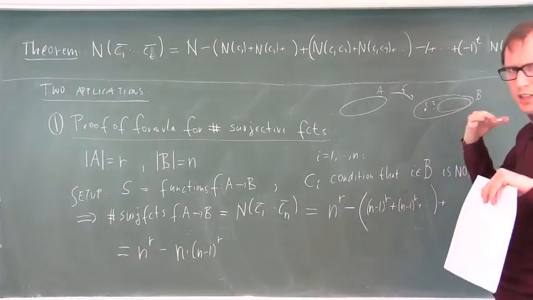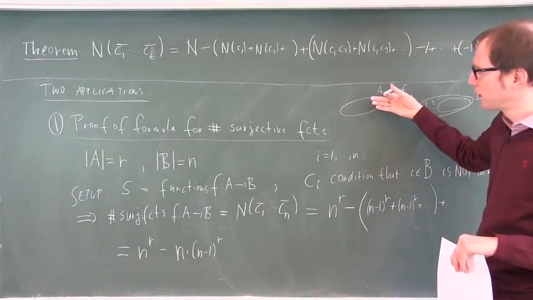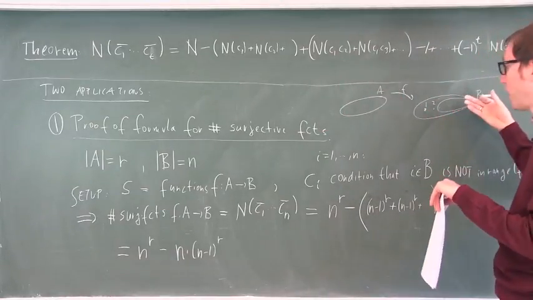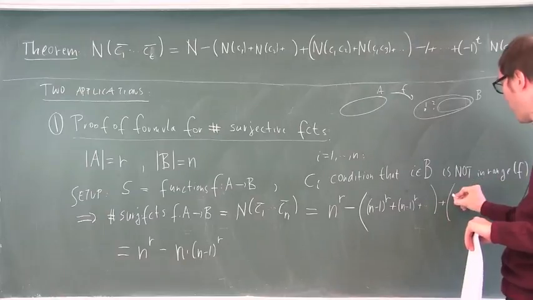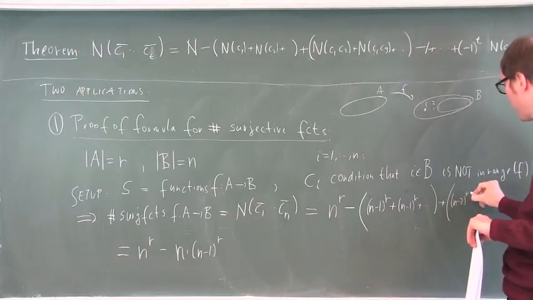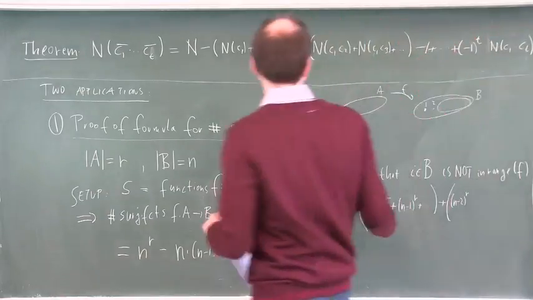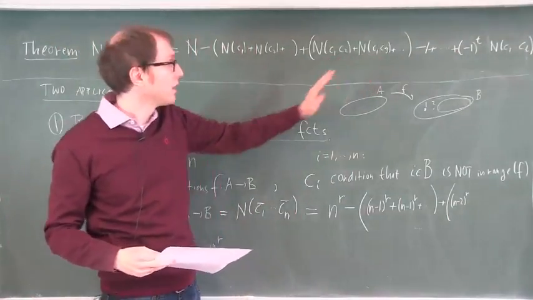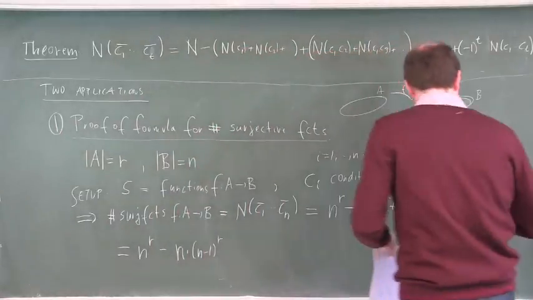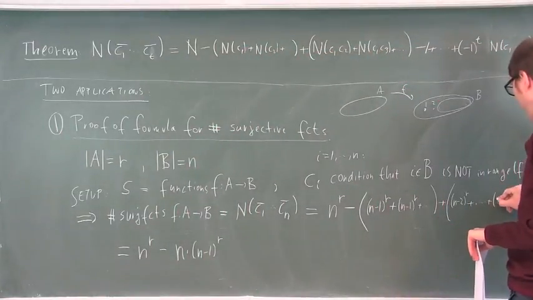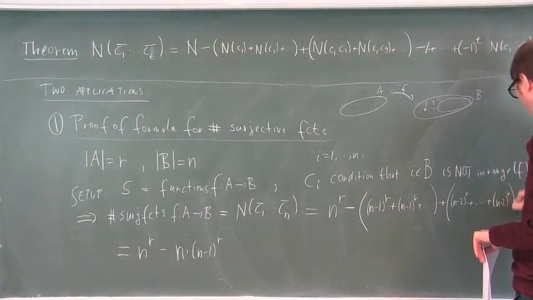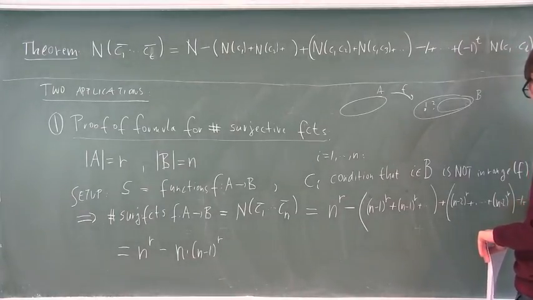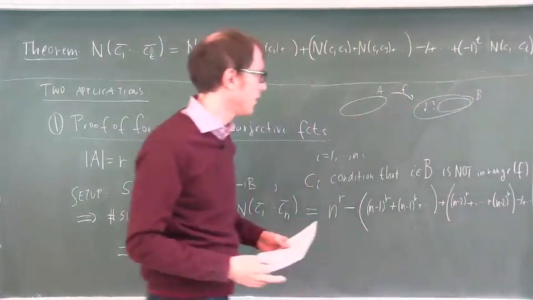So we are just counting all the functions going from a set with r elements to a set with n minus 2 elements. Well, there are (n minus 2) to the r of these. And that argument really didn't depend on whether it was C1, C2, or C1, C3, and so forth. So we always get the same number here.